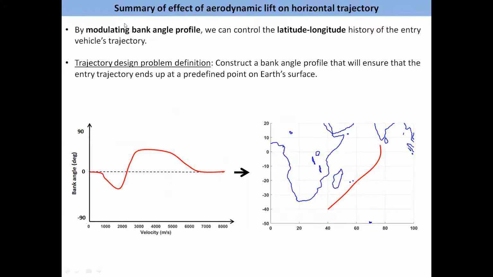Okay. So to summarize that part, by modulating the bank angle, we can control the latitude longitude history of the entry vehicle's trajectory. So the trajectory design problem definition, from this aspect, we can say: construct a bank angle profile that will ensure that the entry trajectory ends up at a predefined spot on Earth. Suppose this is a predefined spot, you need to design a bank angle profile that will get your vehicle to that point.